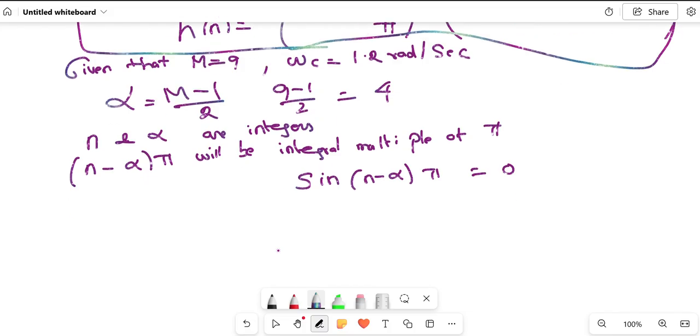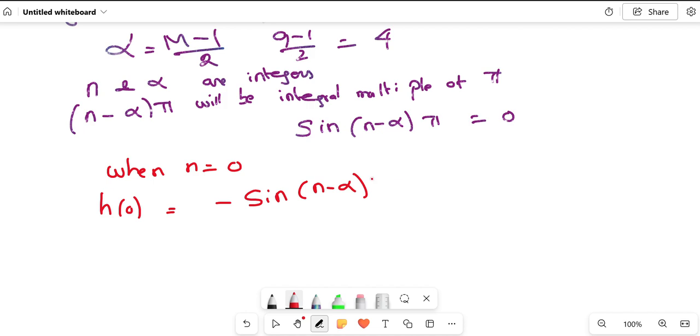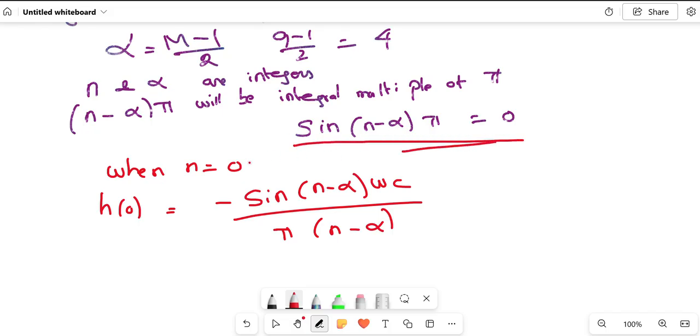Now you substitute the values and find out the values of h of 0, h of 1 and all. When n is equal to 0, h of 0 will be minus sine (n minus alpha) omega c by pi into (n minus alpha); the first term is not required here since n is not equal to alpha.